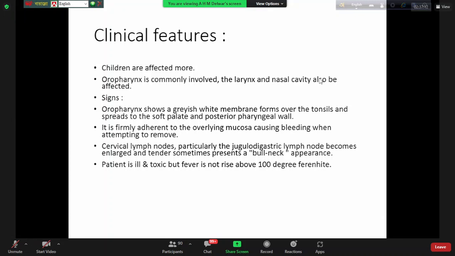But in acute membranous tonsillitis, the white membrane is only over the tonsils, not the soft palate or posterior pharyngeal wall. In diphtheria, the membrane is firmly adherent to the underlying mucosa, causing bleeding when attempting to remove it.